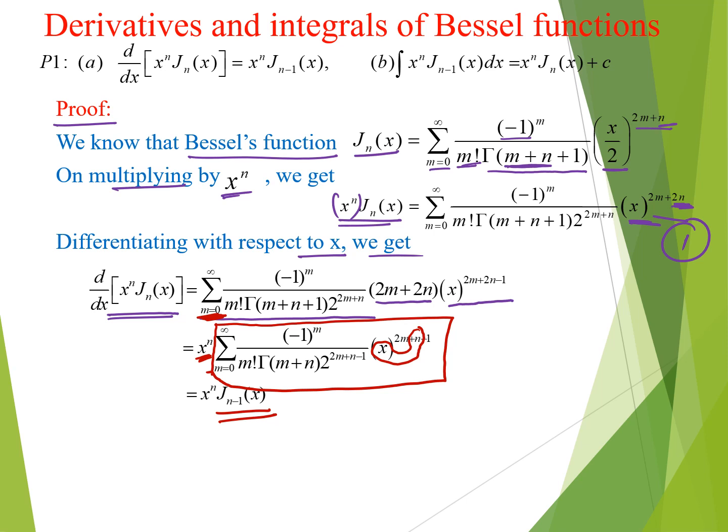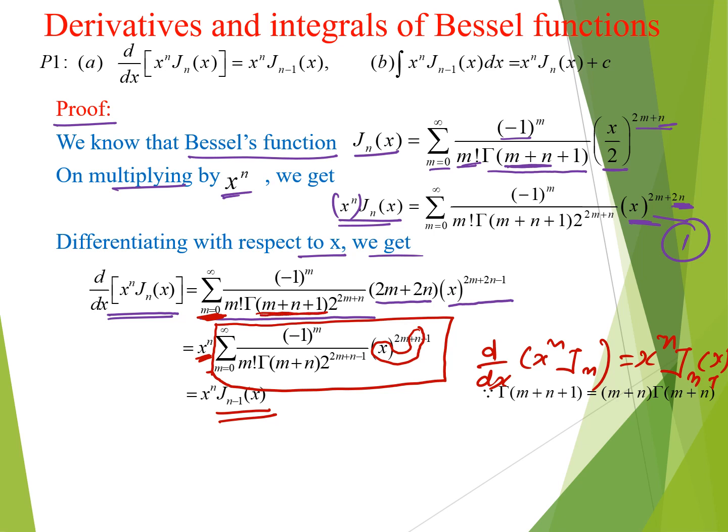Hence the derivative d by dx of x to the power n Jn will be equal to x to the power n J n minus 1 x. Now this term gamma m plus n plus 1 is converted by using the gamma property of m plus n, gamma m plus n. So finally we have this proof.